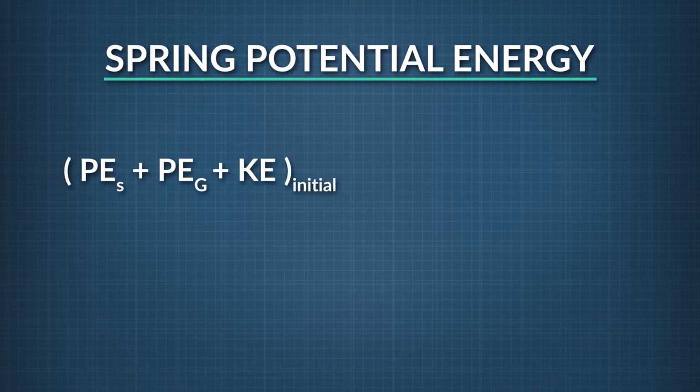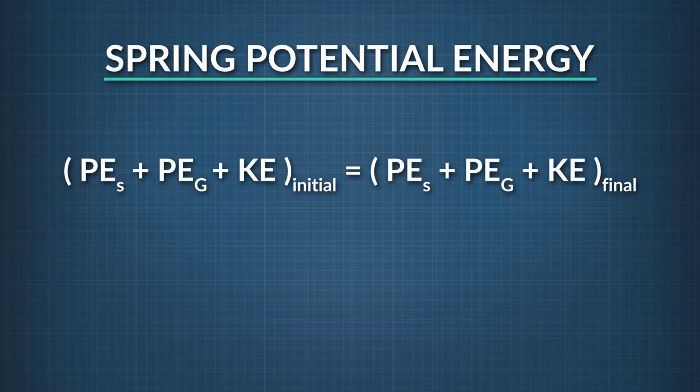When you stretch a spring vertically, the potential energies of gravity and of the spring are included along with the kinetic energy of the spring, so that the initial spring potential energy plus gravitational potential energy plus kinetic energy equals the final spring potential energy plus gravitational potential energy plus kinetic energy.